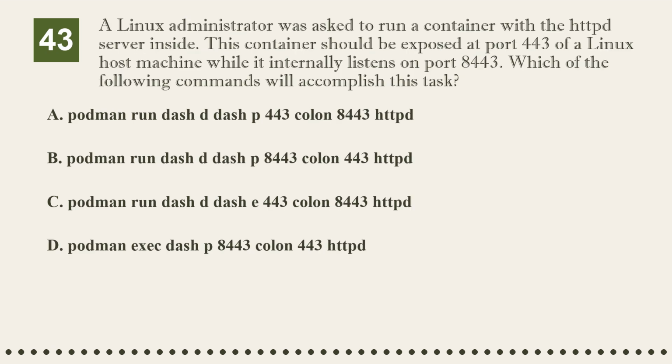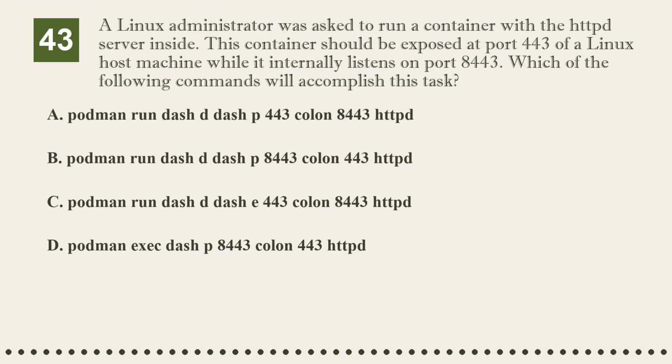Question 43. A Linux administrator was asked to run a container with the HTTPD server inside. This container should be exposed at port 443 of a Linux host machine while it internally listens on port 8443. Which of the following commands will accomplish this task?